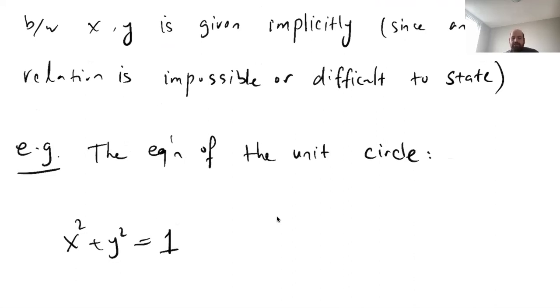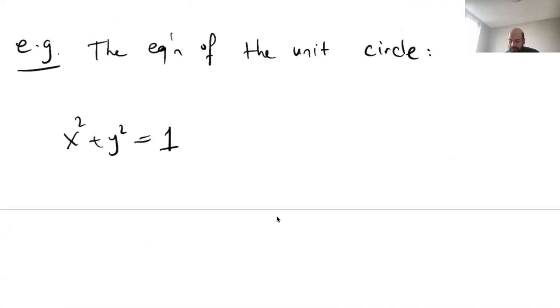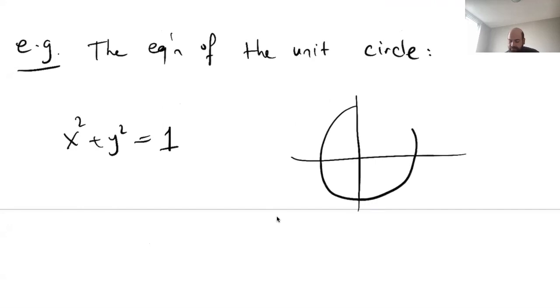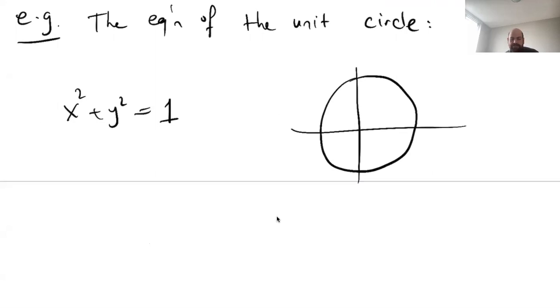So see, a connection between x and y is given here. But it's not of the form y equals something, right? So this is called an implicit equation. And, for example, in this case, the graph looks like this. These are the set of all points such that x squared plus y squared is equal to 1 for those points.